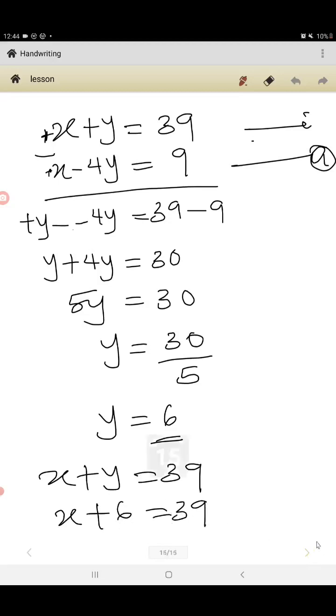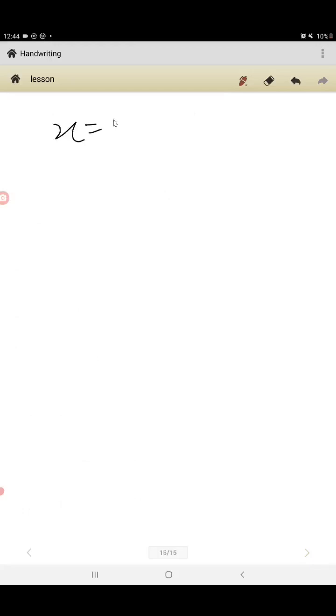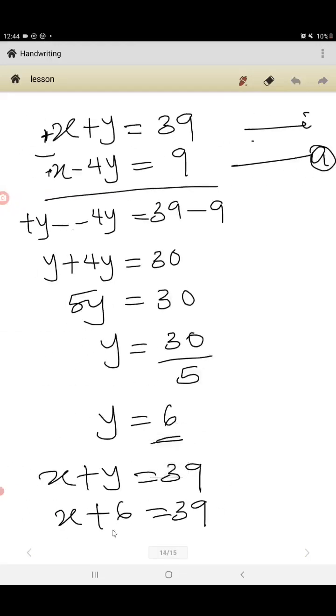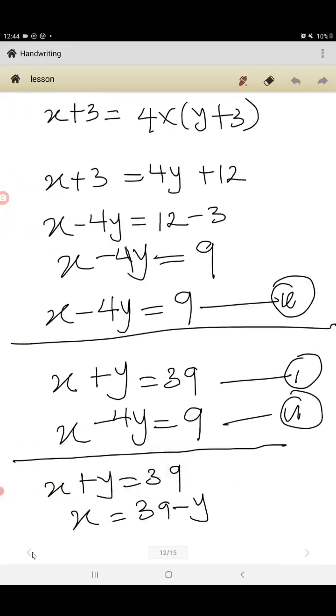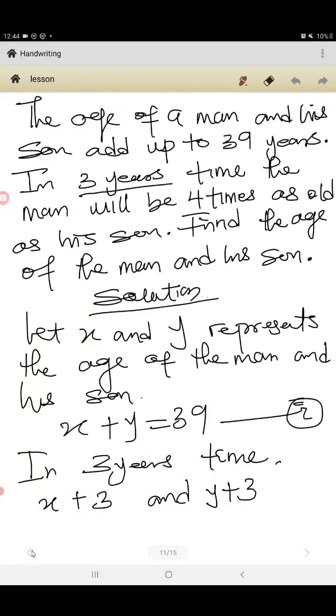So x is equal to 39 minus 6, so x is equal to 33. You see that our y is 6 and x is 33, the same values as with substitution. Whether using substitution or elimination, the most important thing is the ability to interpret the word problems.